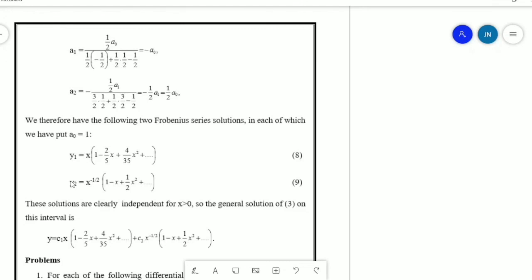Therefore, the general solution will be y equal to c1 y1 plus c2 x raised to minus 1 by 2 into (1 minus x plus 1 by 2 x squared plus etc.). This is the Frobenius series solution, valid only if the point is a regular singular point.